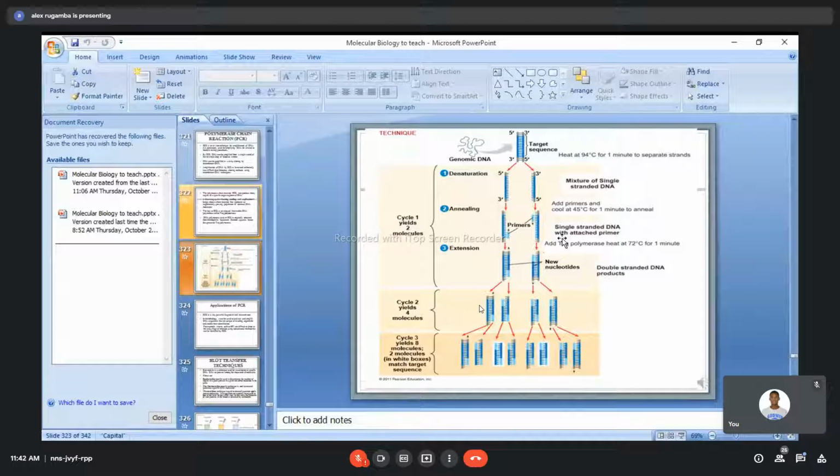In that mix we add the primers, which attach to the strand DNA, and then we heat again at 72 degrees Celsius for the Taq polymerase to start the extension, the elongation. And then we end up having the first cycle, the second cycle, the third cycle, up to so many cycles.